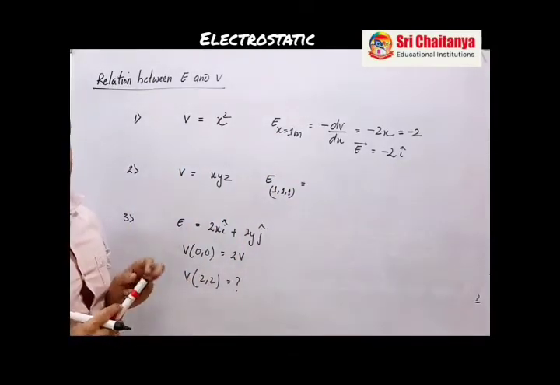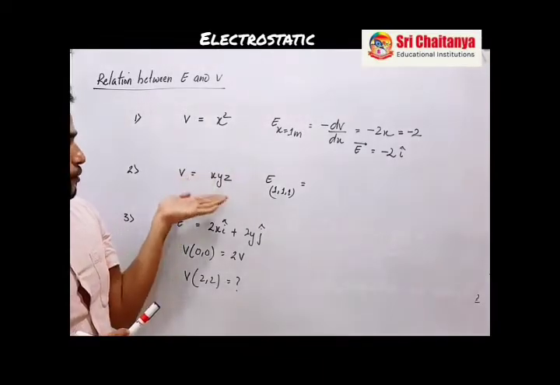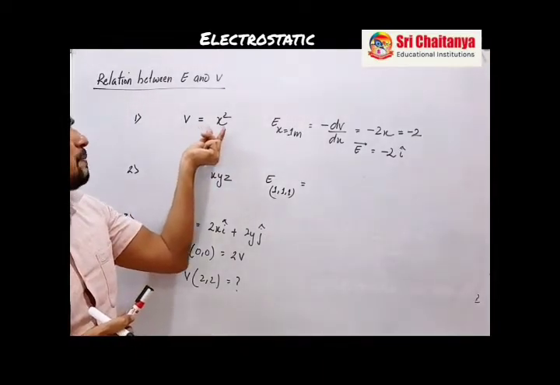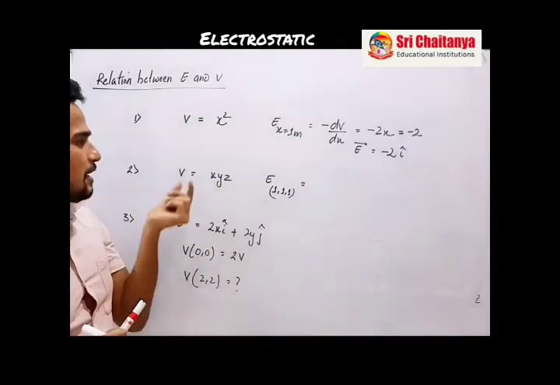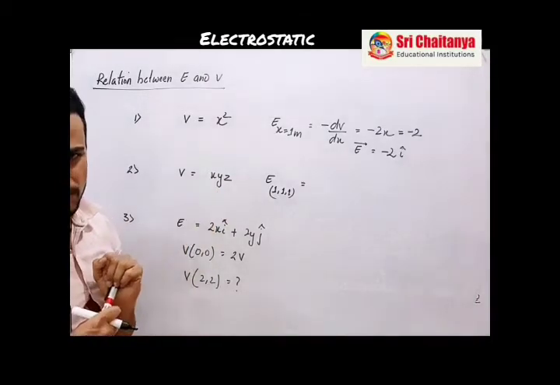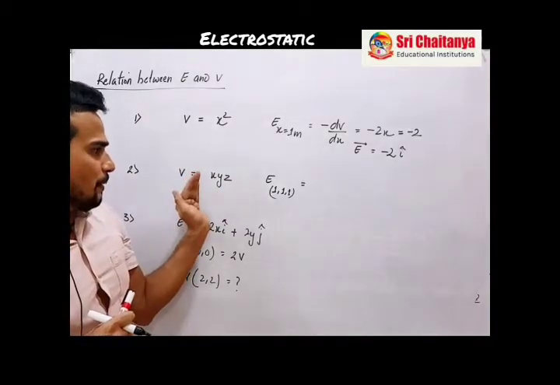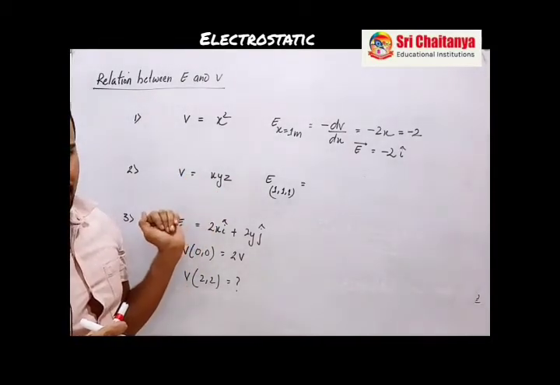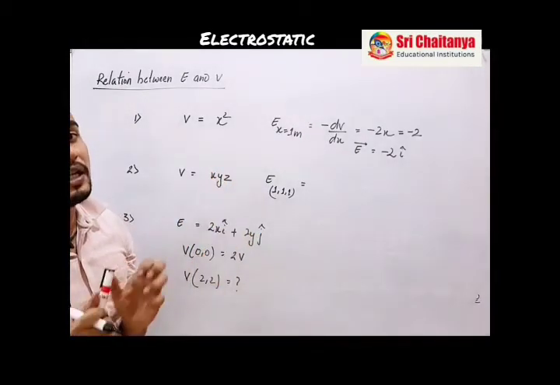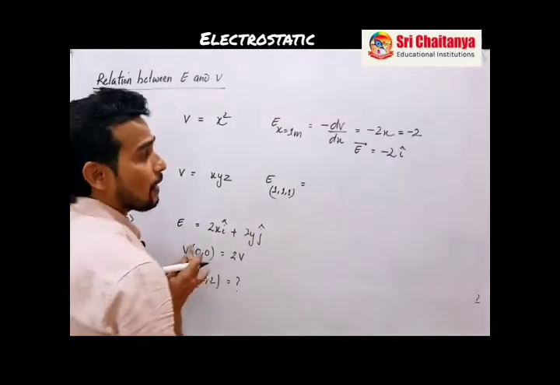Now see the next question and see the difference between the first question and the second question. In the first question, your potential was depending only on x, but here your potential depends on x, y and z. So when your potential depends on all three axes, in order to get electric field, we have to use partial differentiation, which I think everyone has studied.